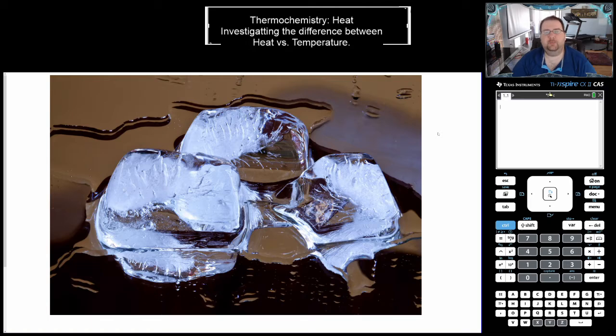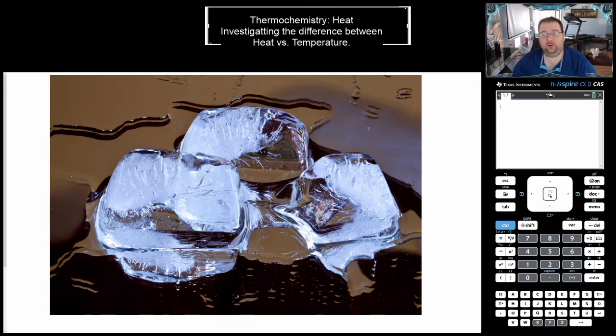2 things should be coming to mind here. They're sitting on a dark solid surface. We know that dark surfaces tend to absorb more energy, right? Especially when it comes to radiation energy, energy from the sun, from light waves. And that's because those waves are going to be absorbed by dark material and reflected by light material.